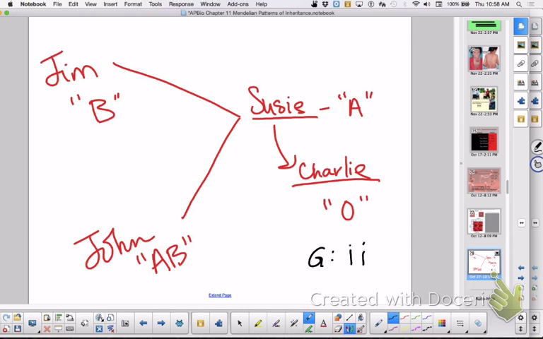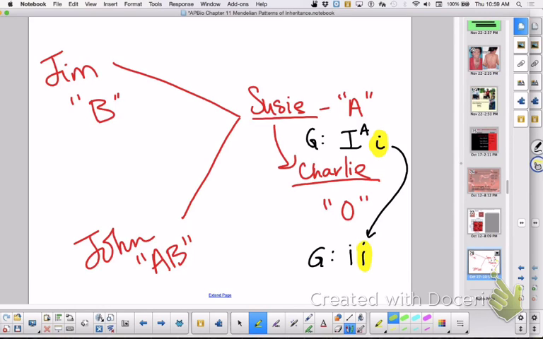What would her blood type have to be? This is her phenotype. What's her genotype? Big I A and little i, because the A will give her the type A blood, and if she's a heterozygote, she could give one of these little i's. One of these little i's Charlie got from his mother.